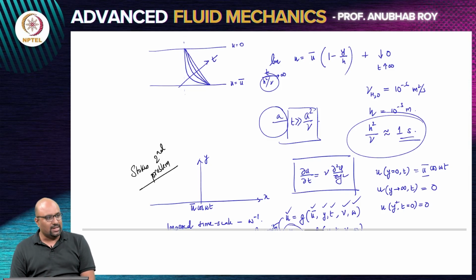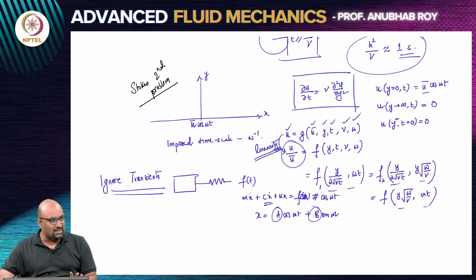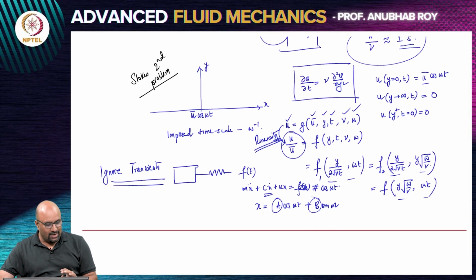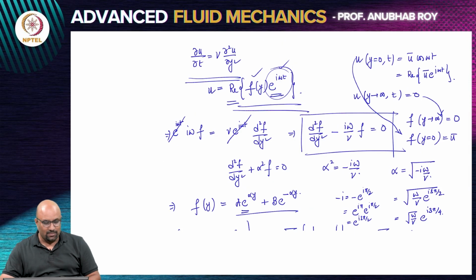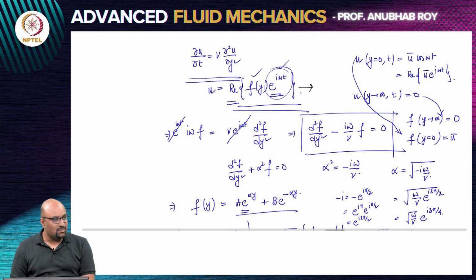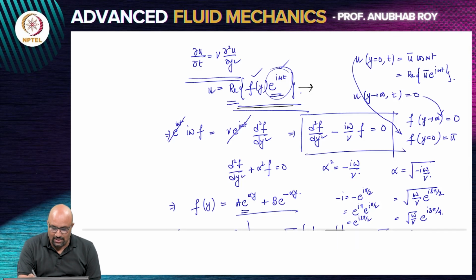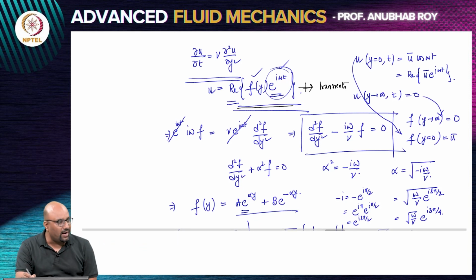When you solve the second problem, we didn't focus on transients, so we ignored any transients that are there in the problem, and we directly went for the long time response. So this is the long time response. The actual solution will be this plus some transients. By transients, I mean solutions which will just die down if you wait long enough. This is what will survive.